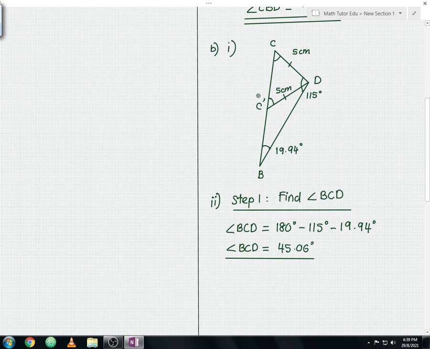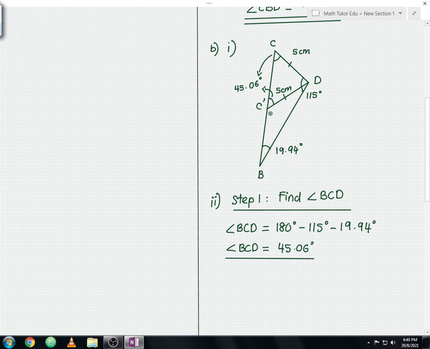So this angle will be 45.06 degree as well. Because it is an isosceles triangle, the two sides of the length are the same and the two angles must also be the same.